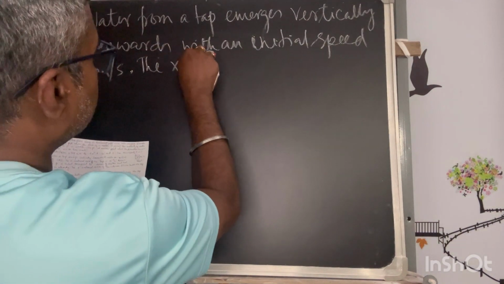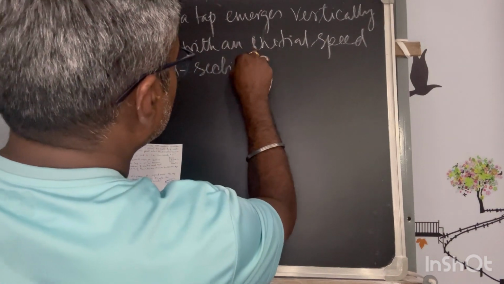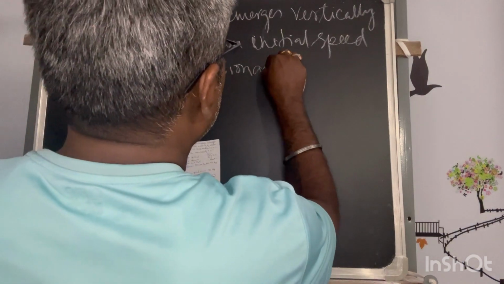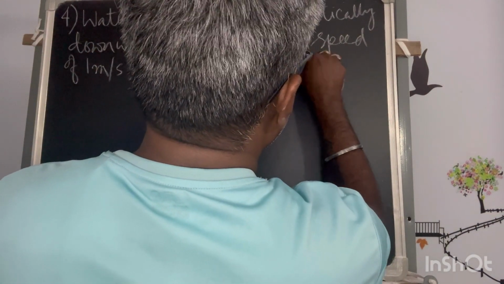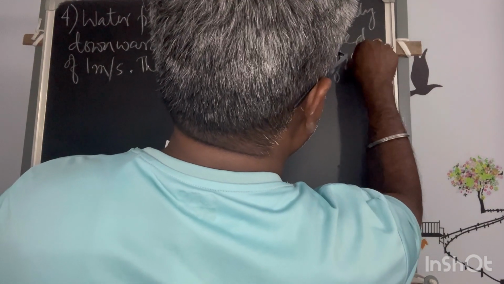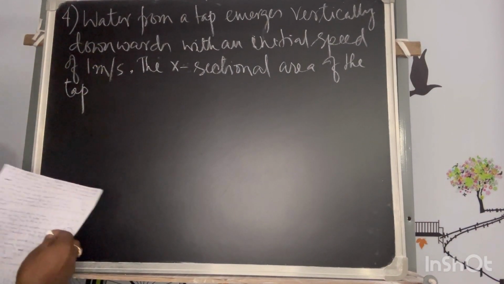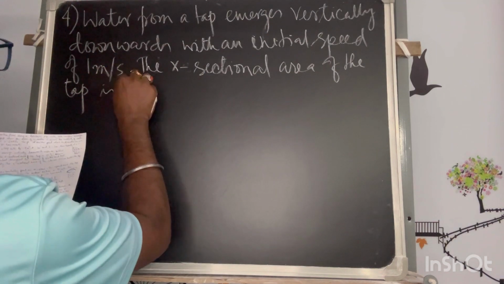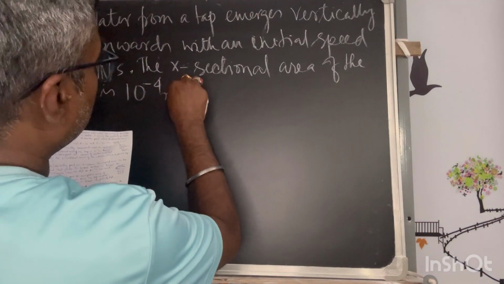The cross-sectional area of the tap is 10 to the power minus 4 meter square.